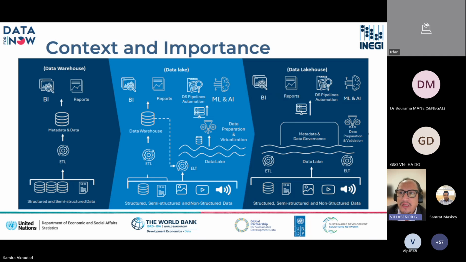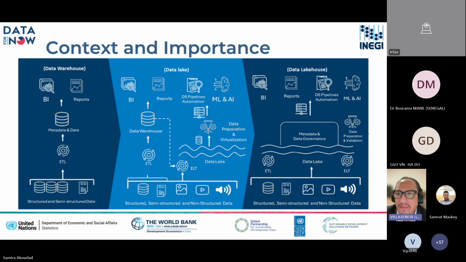Since 2020, INEGI has been experimenting with the deployment of a data lake architecture based on open source components. This initiative stems from the Data Science Lab's need to leverage alternative data sources and innovative methods to generate data products that add value to information production processes.